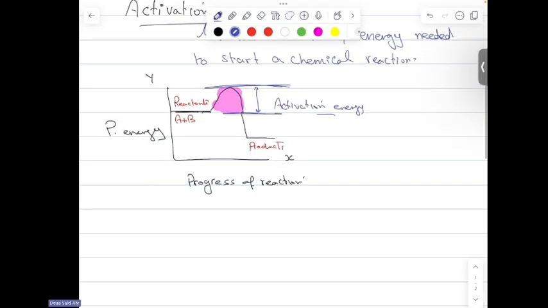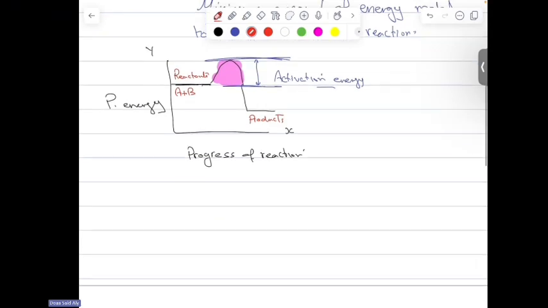What about the chemical reactions? Are all of the chemical reactions the same? No. That's why we classify the chemical reactions into two types.